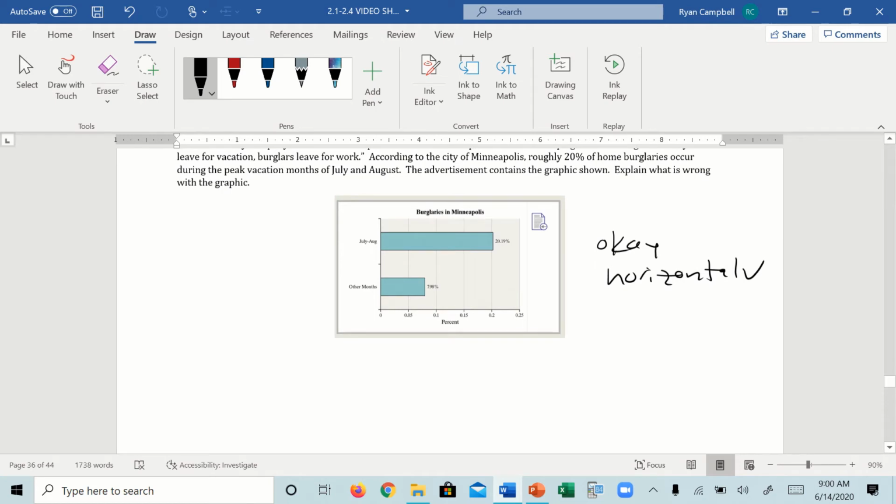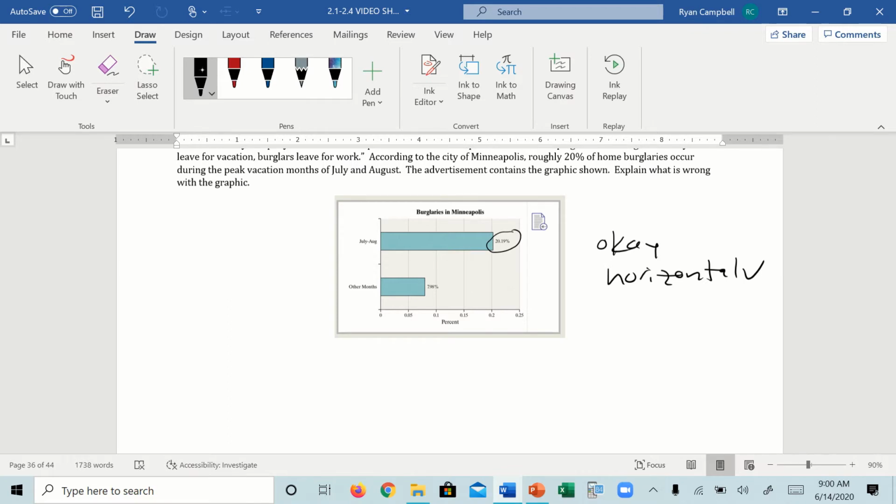All right. So what else could be interesting with this graph? If you notice, here, what percentage do we have? We have 20%-ish.